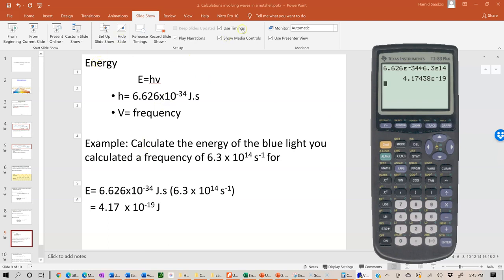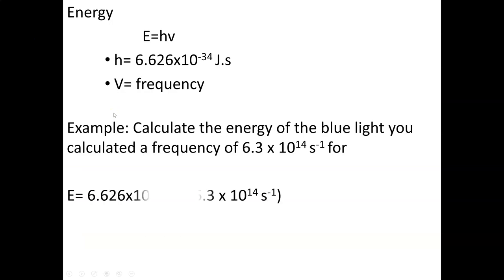Now, for those that are uncomfortable doing everything in your calculator, you could also do it another way. Watch, I could do 6.626 times 6.3. I get 41.74. So let me put it down here. Oops, sorry. 41.74, and then you add the exponents, right?